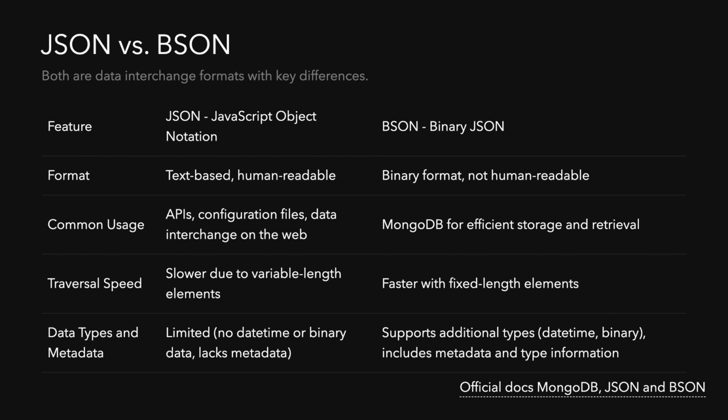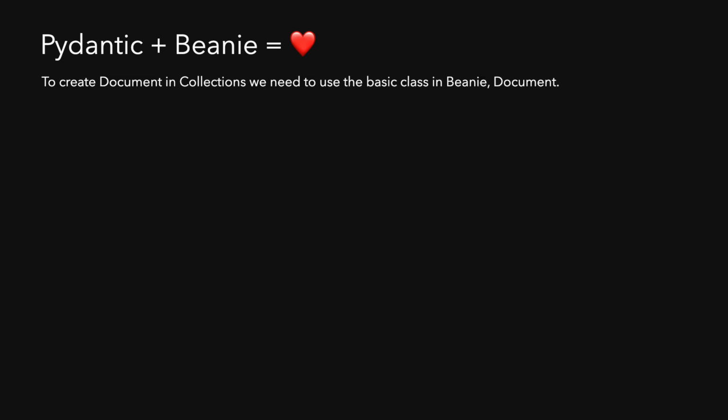Okay, I said something about Pydantic, and now we know Beanie, and we see love, and I'm saying why love, because I said to you that Beanie extends Pydantic, and I will show you the proof now. To create a document in a collection, we need to use a basic class in Beanie, Document.